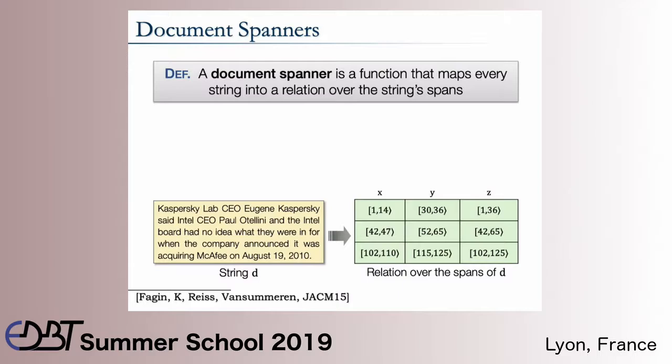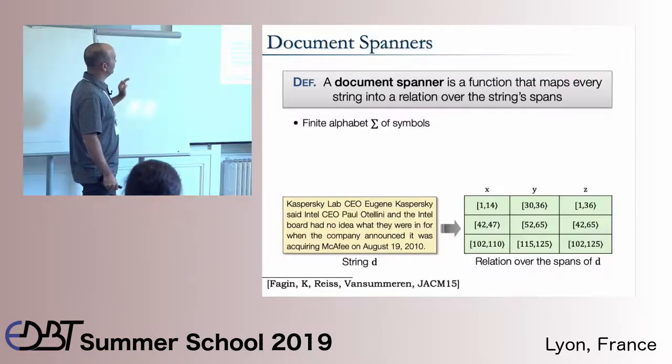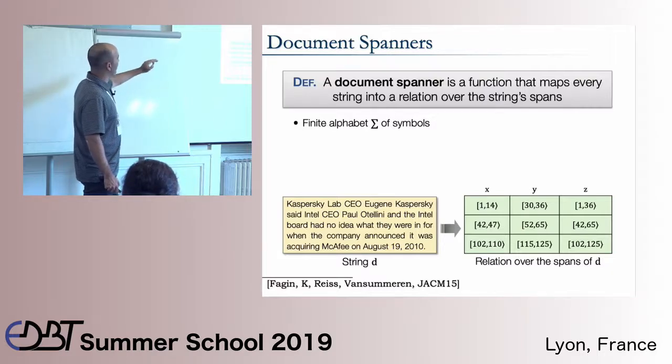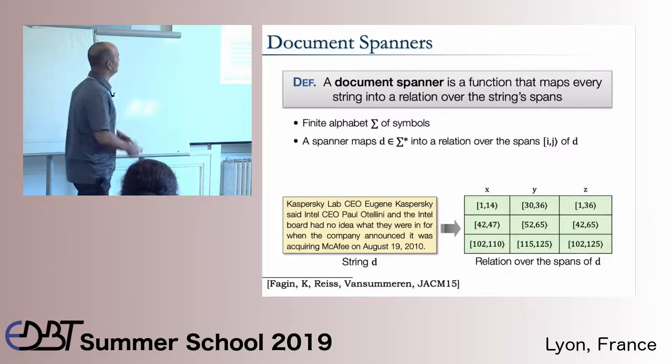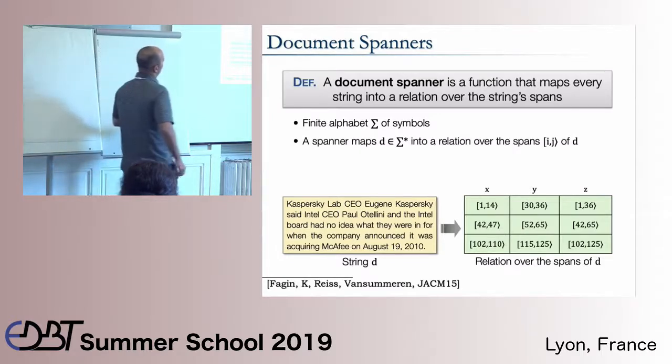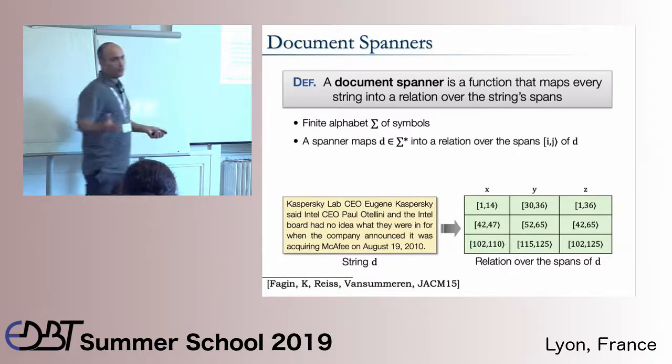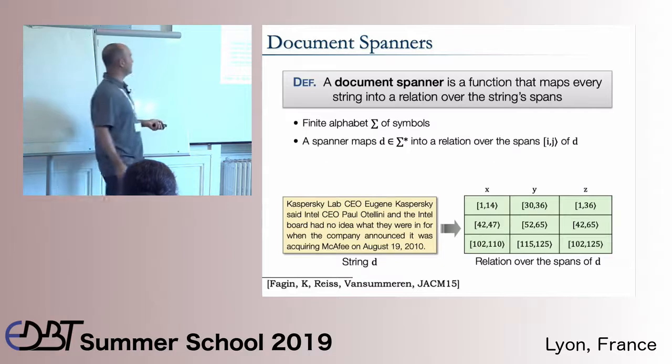A document spanner is a function that maps every string into a relation over the spans. Okay? There are several things that we still need to know about the theoretical specs. Some details, like we assume a finite alphabet, sigma, of symbols. And then a document is basically a string over these symbols.